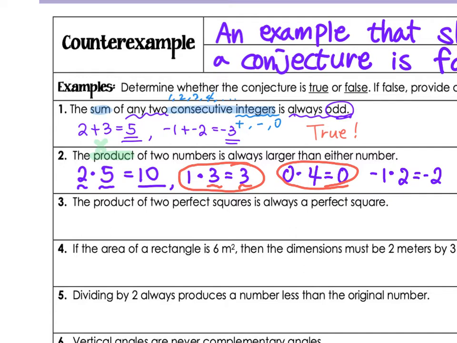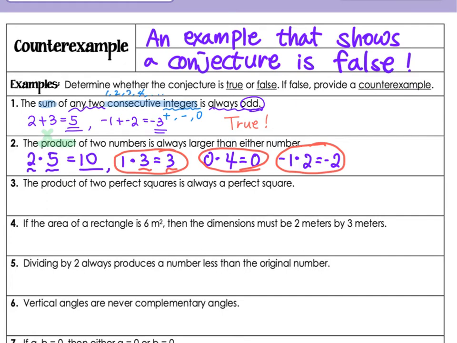So that is also a counterexample. What about multiplying with a fraction? What about 3 times 1/3? Then we can simplify, and that is equal to 1. So 1 is less than 3. Yes, greater than 1/3, but less than 3. So that's another counterexample. So we have several counterexamples. That means this statement is false.